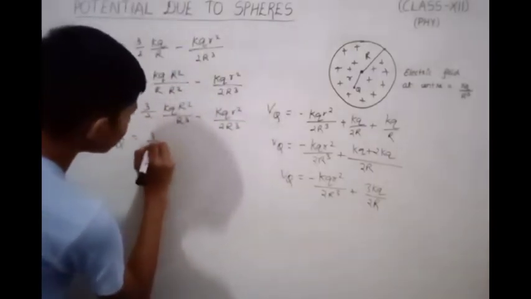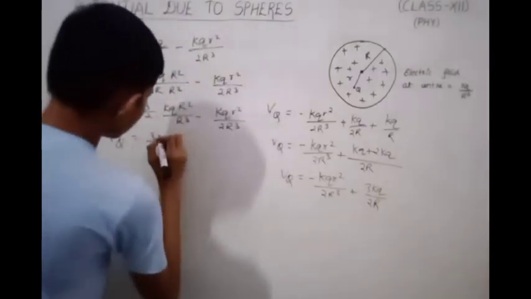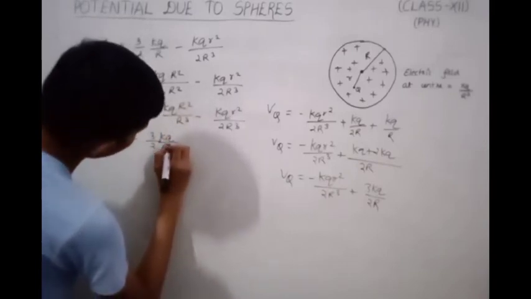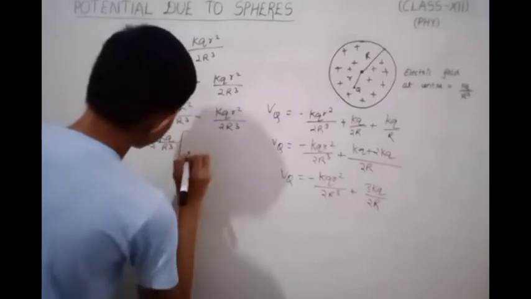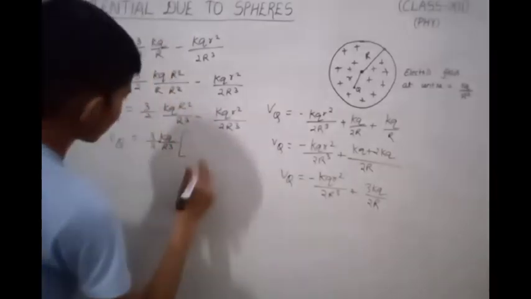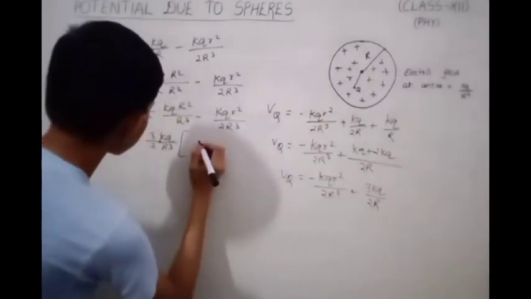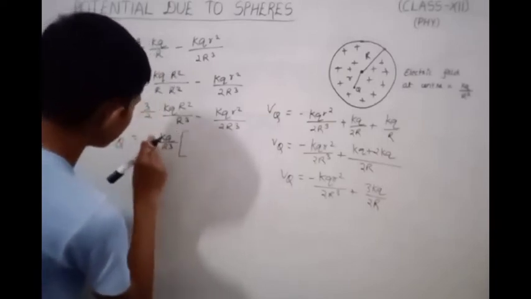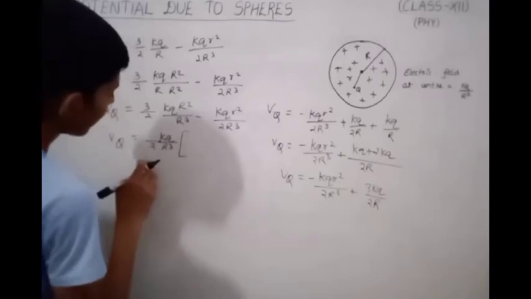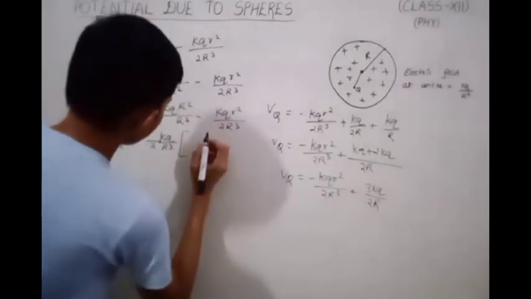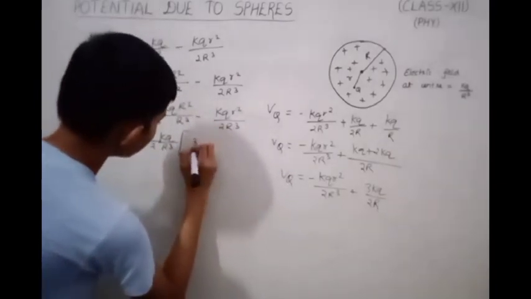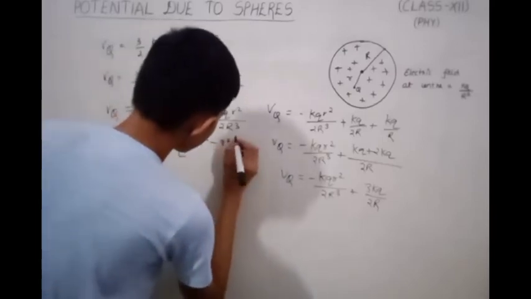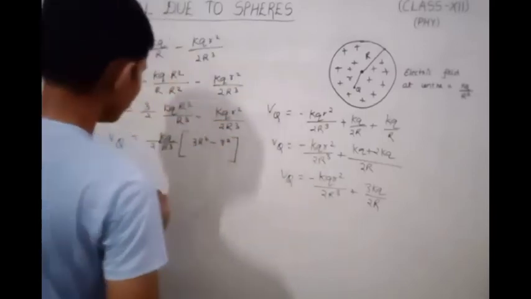3 by 2 kq divided by R cube, kq divided by 2R cube is common, and in the bracket 3R square minus r square is left.